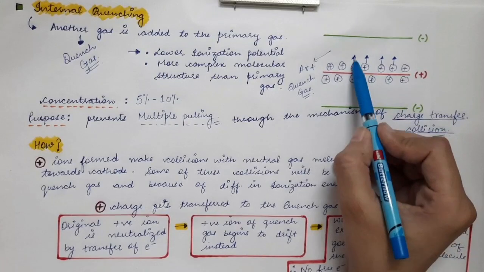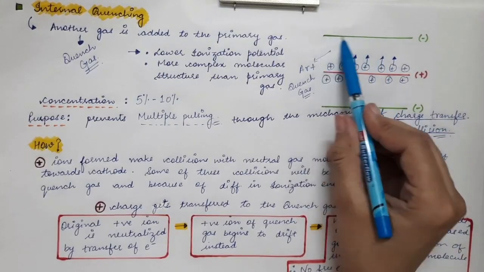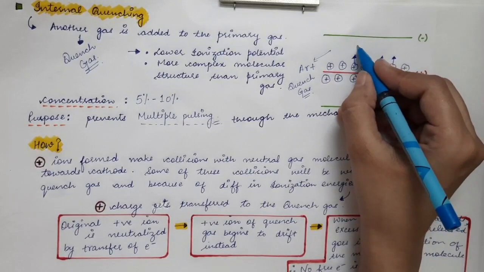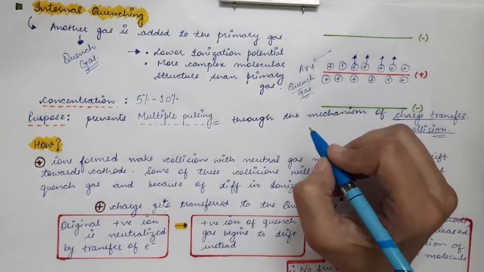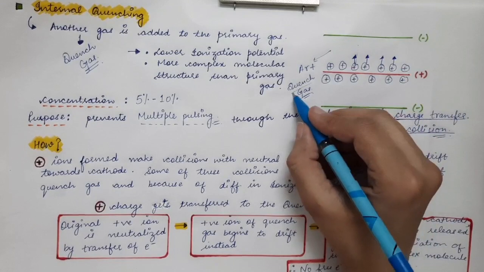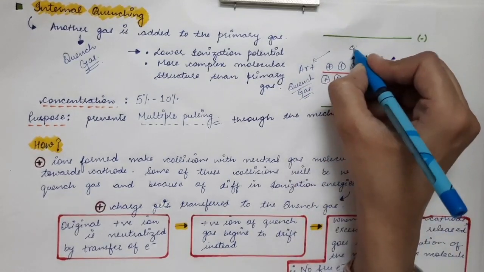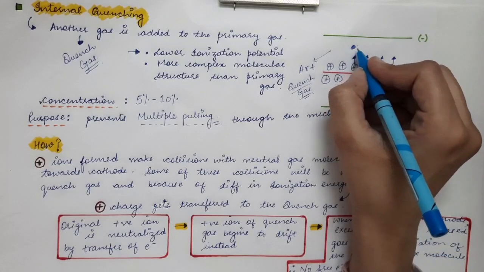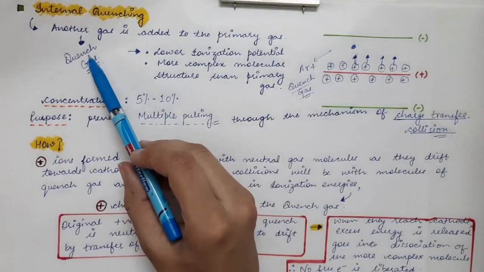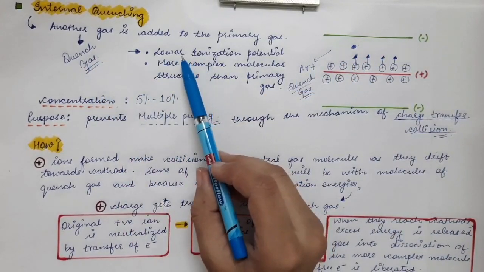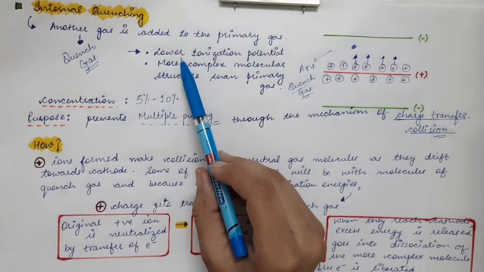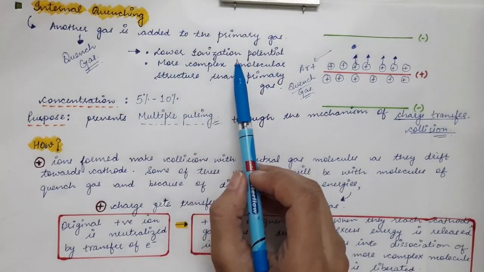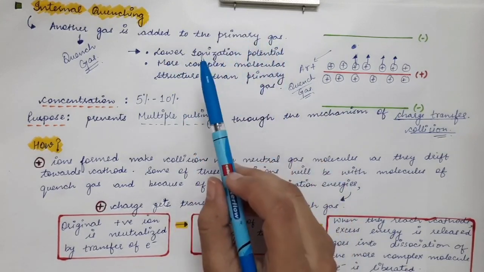When the positive ions are drifting towards the cathode, during their journey they collide with the molecules of the quench gas and transfer their charge. As we have said, the quench gas is chosen so that it has lower ionization potential, meaning it loses electrons easily compared to the primary gas.